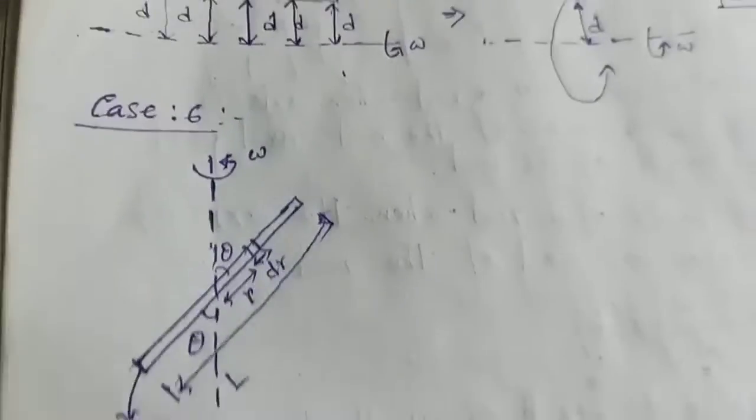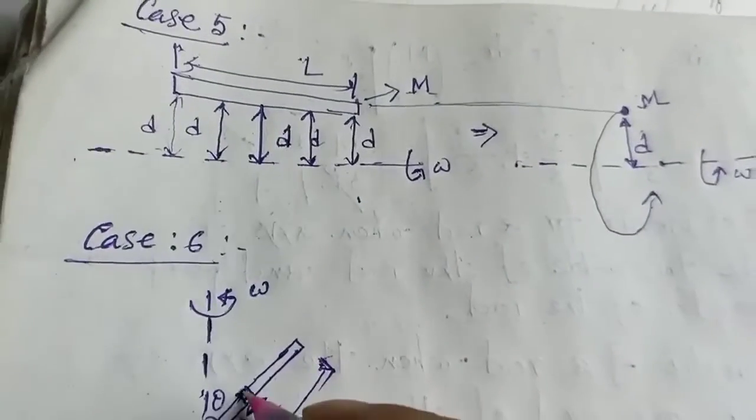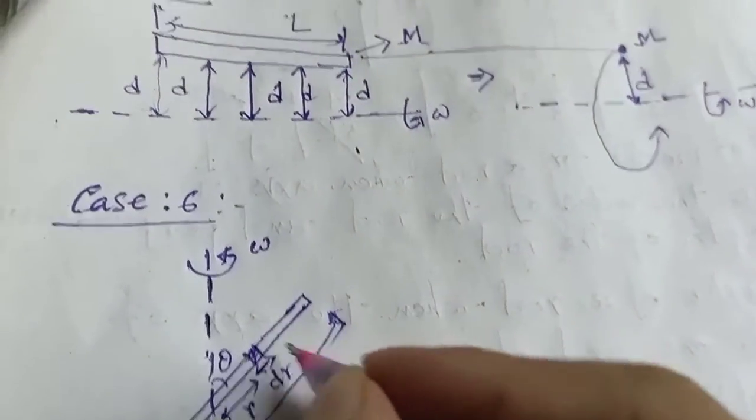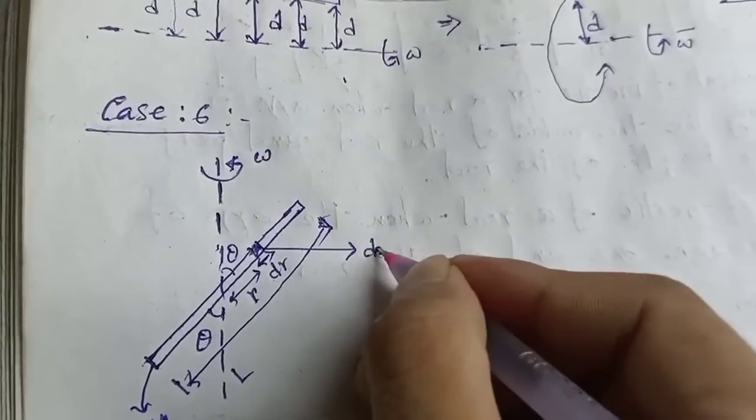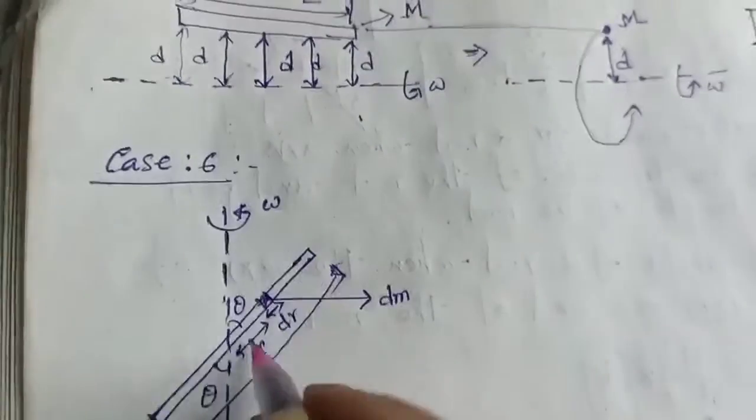Now see, there is a little bit of geometric situation. The mass of this small element is dm.